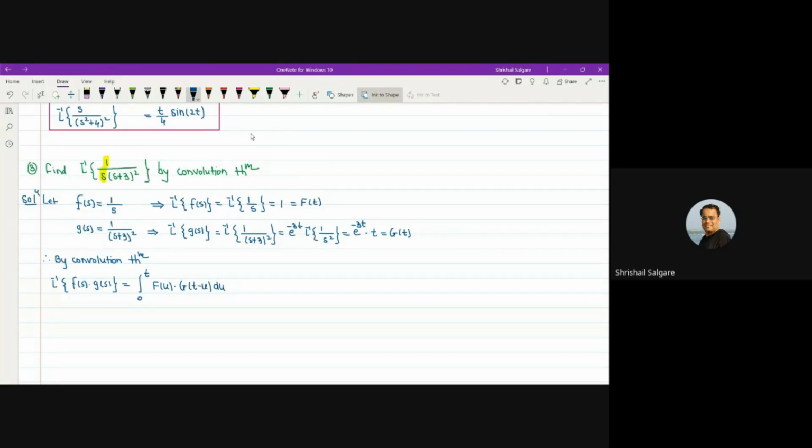And the second result also says integral 0 to t f of t minus u into g of u du.